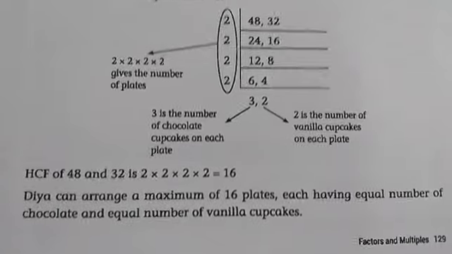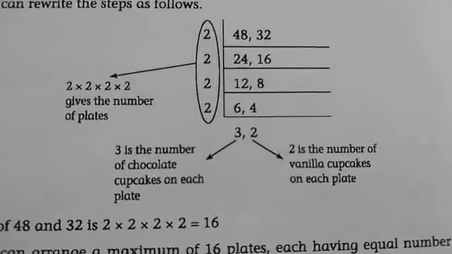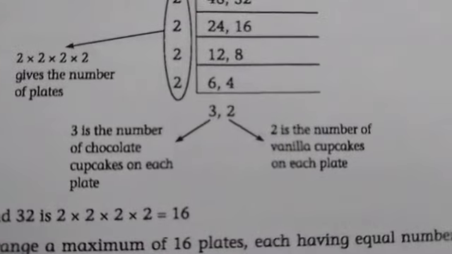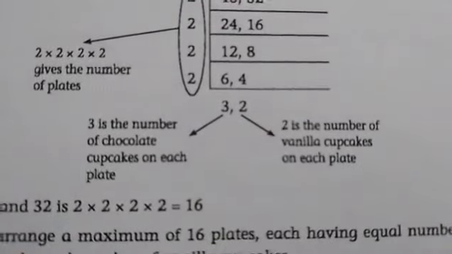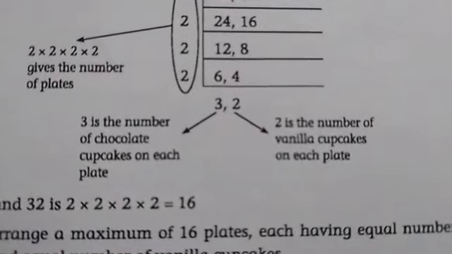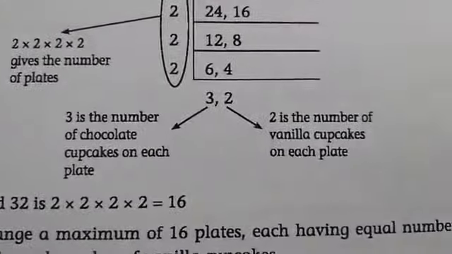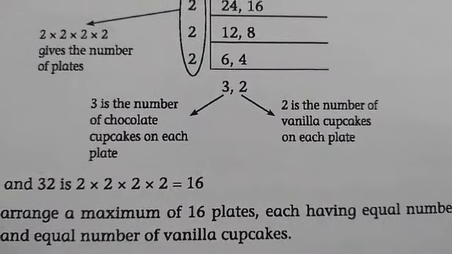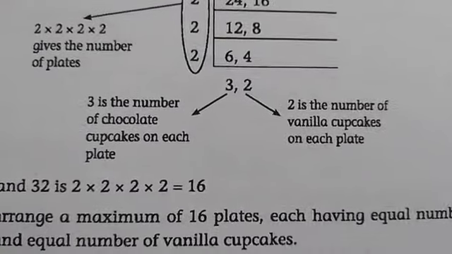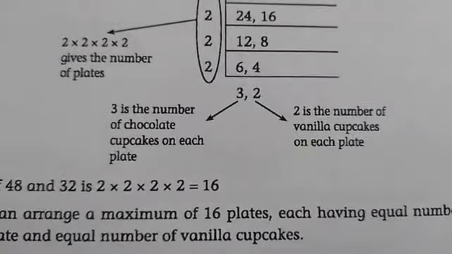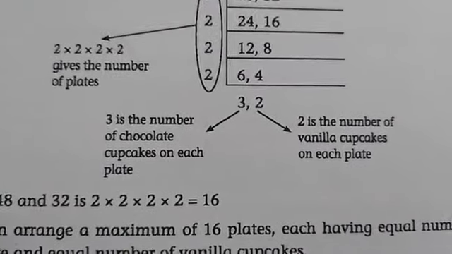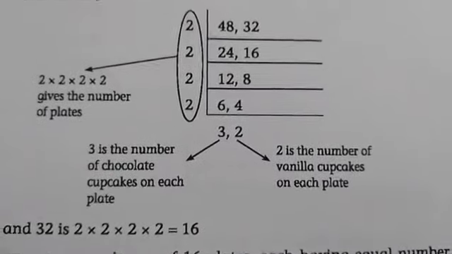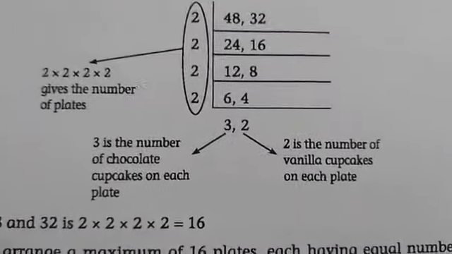So now observe. 3 is the number of chocolate cupcakes on each plate. 2 is the number of vanilla cupcakes on each plate. Why? Because 2 into 2 into 2 into 2 means 16. 16 3s are 48. 16 2s are 32.